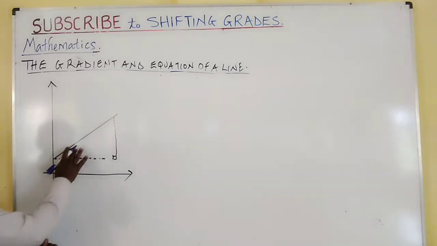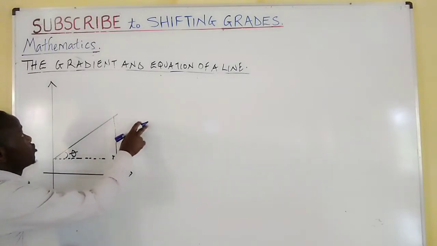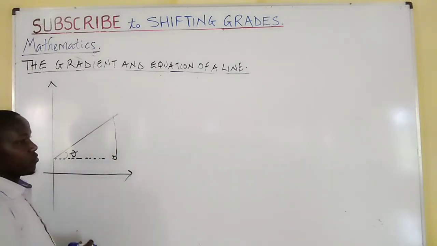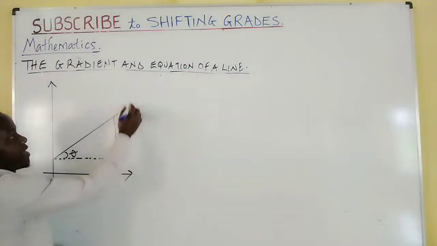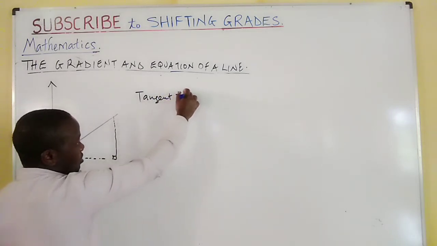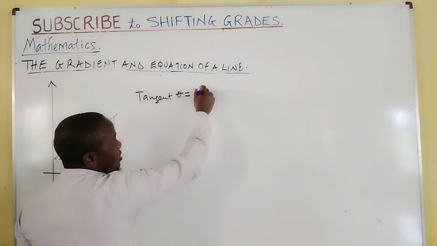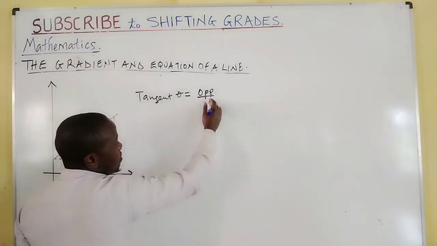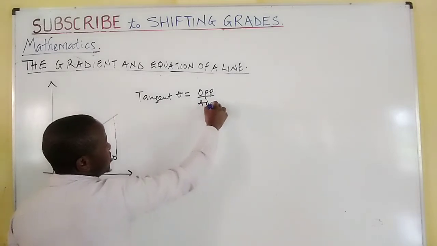Because they are giving us the gradient, we remember in the next topic in Form 2, where we discuss trigonometric ratios, there is the tangent of an angle theta, which is given by the opposite for a right angle triangle all over adjacent.